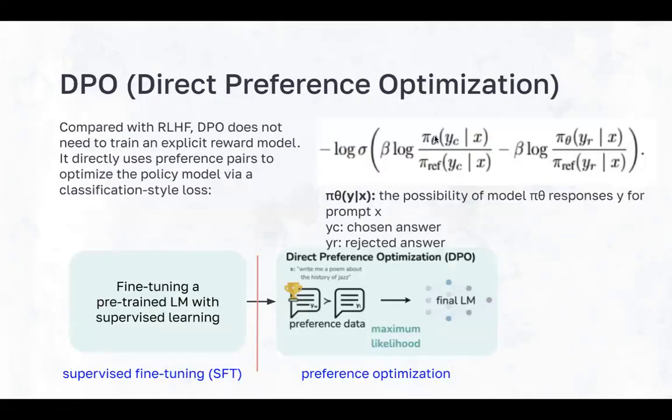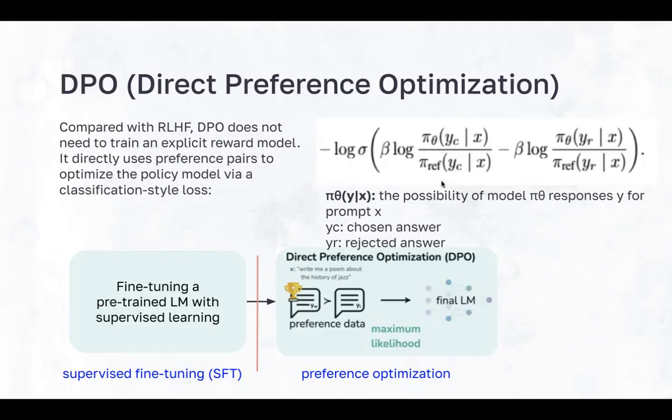So DPO is direct preference optimization. Compared with RLHF, I mean the traditional PPO, DPO does not need to train an explicit reward model. It just skips the reward model. It directly uses the preference pairs to optimize the policy model via a classification style loss, like this formula.